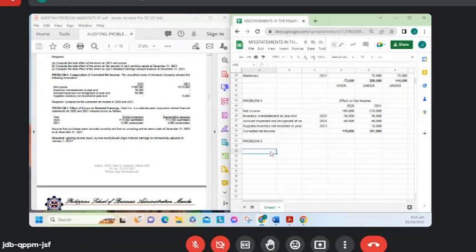So let's put here the periods or the dates where effect on net income 2020, 2021, and then beginning retained earnings. Or, oh, tama.